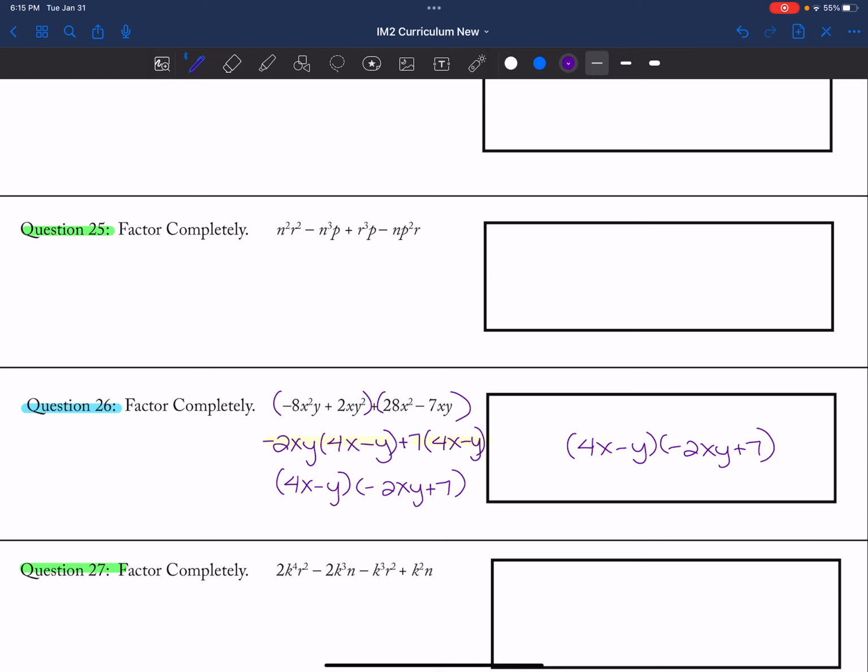Okay, I'm going to rearrange. I can rearrange and maybe get n squared, r squared, with something that's got an r in it, plus r cubed p minus n cubed p minus np squared r.